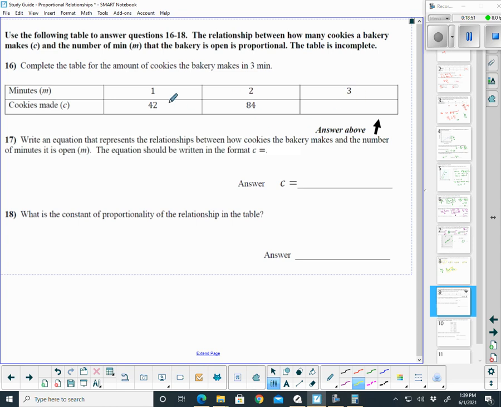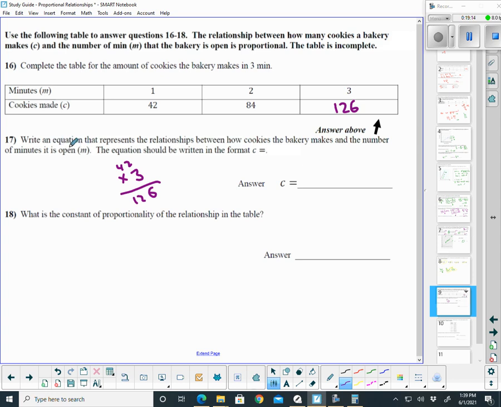Well, if I took 42 times 2, I'd get 84. So 3 times 42 would be 126. Looks like 126 cookies in 3 minutes, and that would be consistent because that would be 42 every 1 minute.